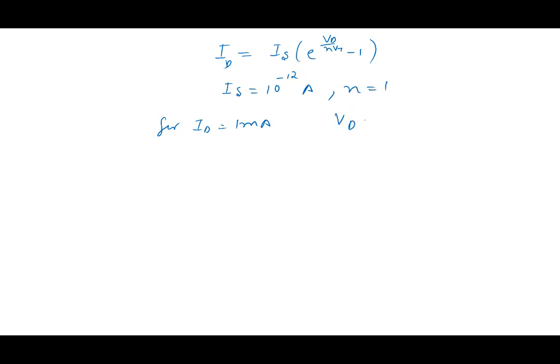How much VD do I require? How much voltage do I have to apply across the diode to get a current of 1 milliampere? Say IS is 10 power minus 12 for my diode.